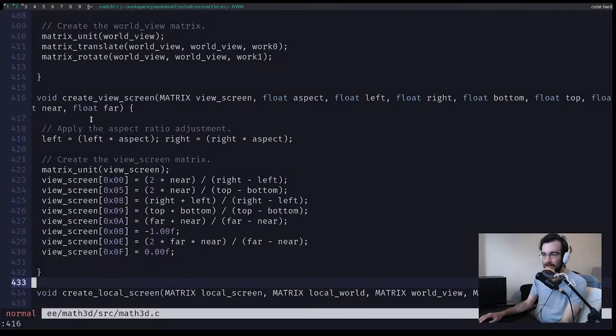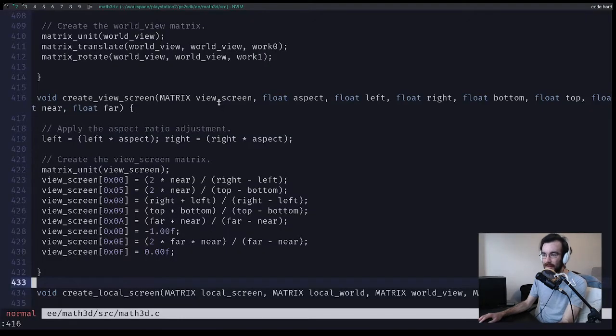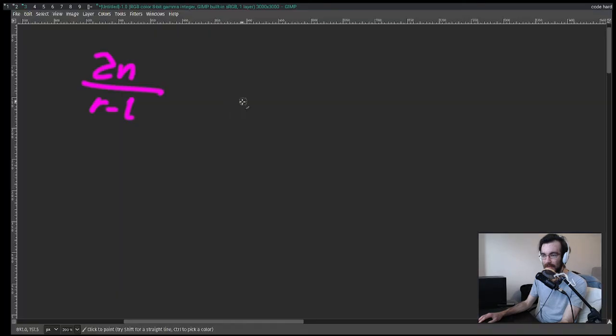So 0 is 2n over r minus l. Then we have 5.